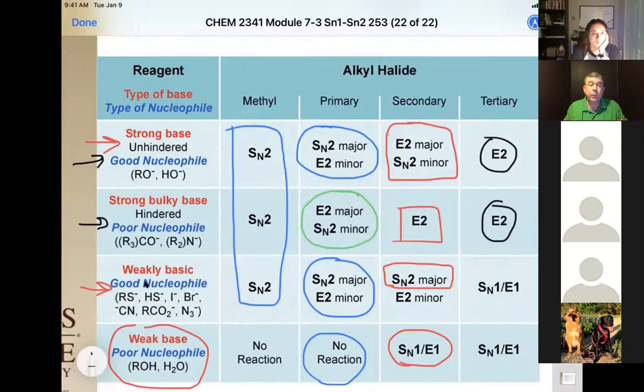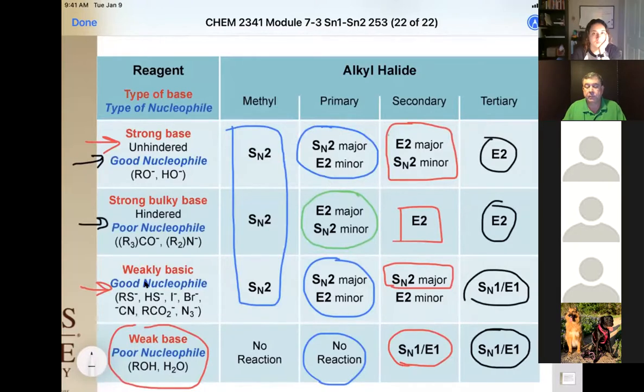But now that you have a weak base, even though it's a good nucleophile, it's sterically hindered. It has to wait around for the carbocation, and therefore we have a mixture of the E1 and E2 because both mechanisms follow a carbocation first, and then what happens next, it can be either the elimination or the substitution product.